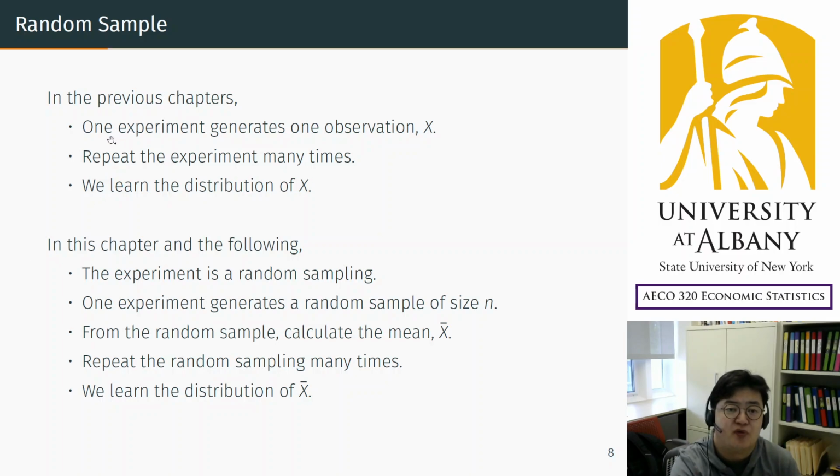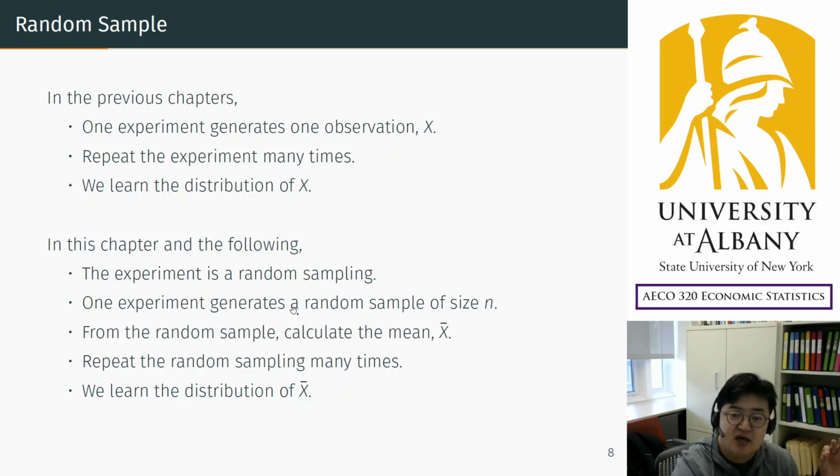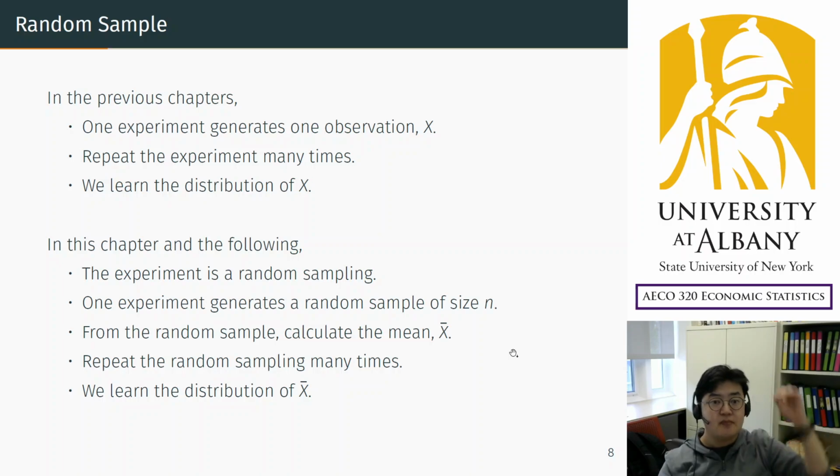So, we only considered one experiment generates one observation, and we repeat. But now, one experiment is random sampling, which means one experiment generates a set of n observations, not just a single outcome, right? And from the random sample, we are going to calculate one number, x bar. So, in the previous chapters, I said one experiment generates one outcome.